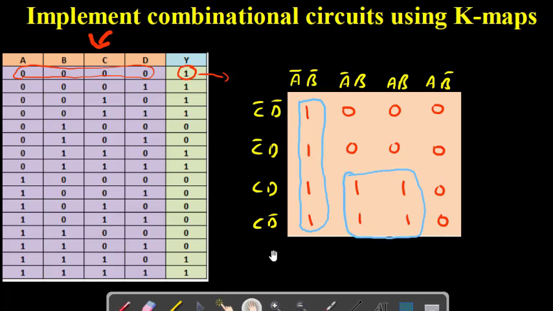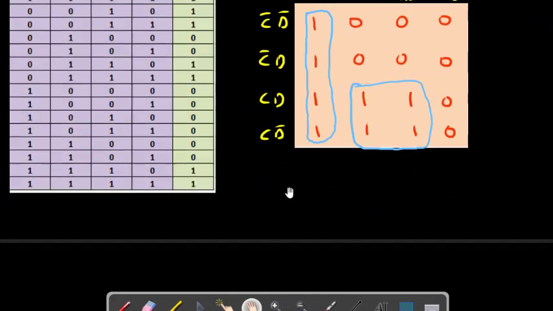Now we write the equation of the quads. The equation of this quad is A bar, B bar, and for this quad we see B and C are not changing, so it is B, C. So this is the equation.